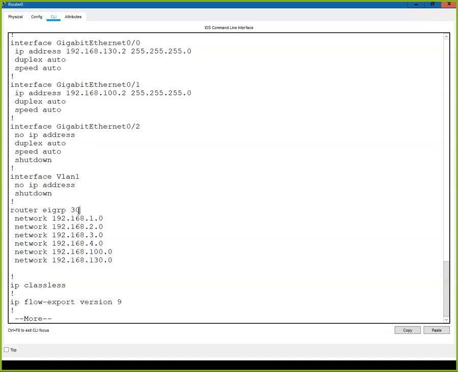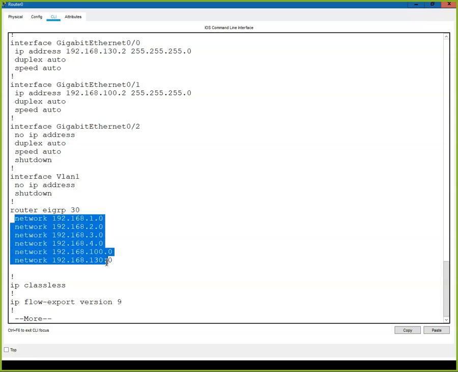The autonomous system number says, hey, talk to all of the routers that are running EIGRP in Autonomous System 30 and tell them that I know how to get to these guys. They're connected to me. I'm going to advertise these networks.